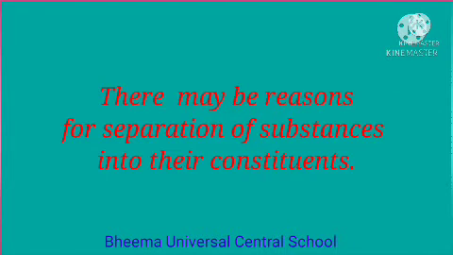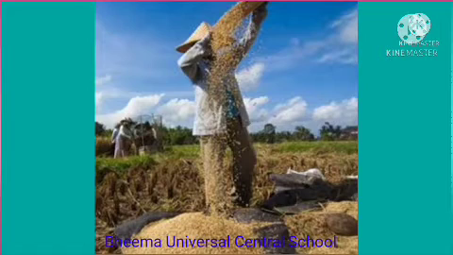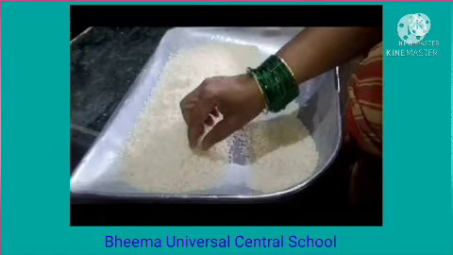There may be reasons for separation of substances into their constituents to remove undesirable components, such as separation of grains of rice from husk before cooking it. Next is removing stones from food grains such as wheat, rice and pulses.